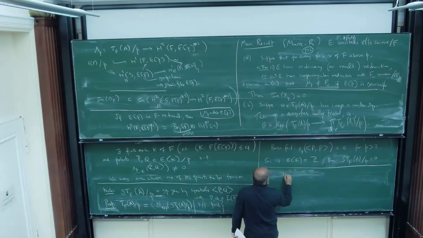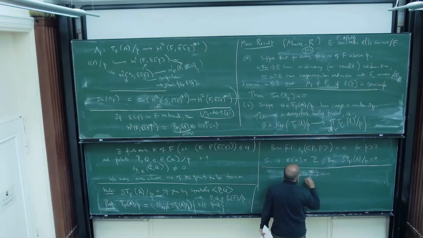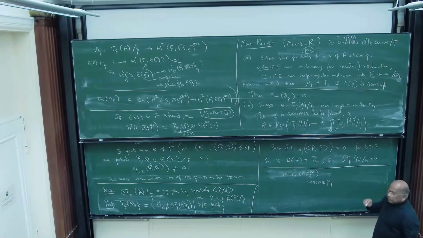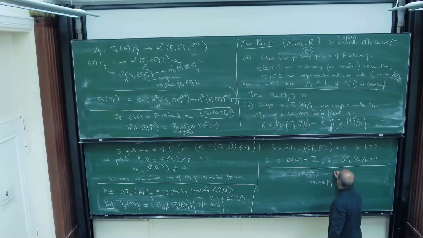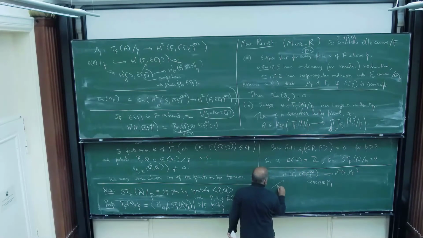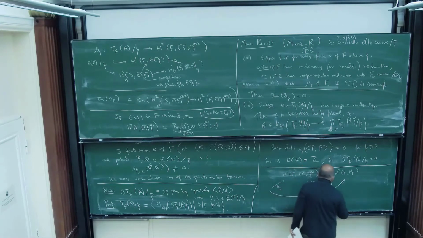You can take H2 of F, the Tate module Tp tensor square, and this thing is a direct sum of the symmetric square of Ep, direct sum the determinant, which is just mu p. So when you go from here to H2 of F mu p, and then you look at the image of SP here, this composite map, if we call it SP bar, this map is 0.